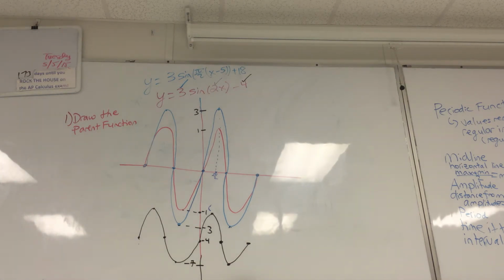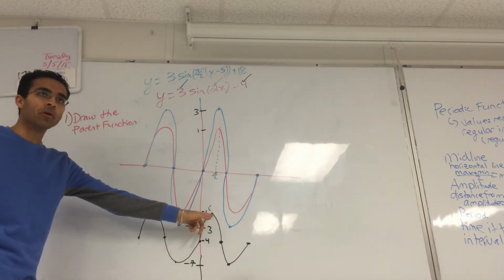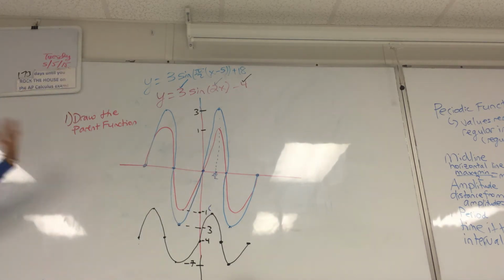Pi over 2 comma 1. It's right here. So now what happens? We divide it by 2. So instead of being at pi over 2, we move this way to pi over 4. Pi over 2 divided by 2 is pi over 2 times 1/2, which is pi over 4. Questions?